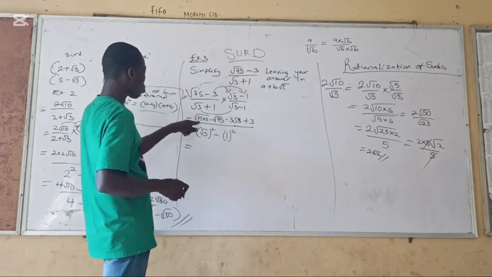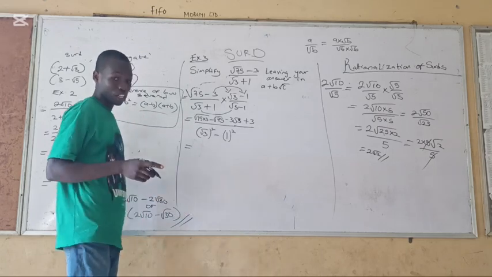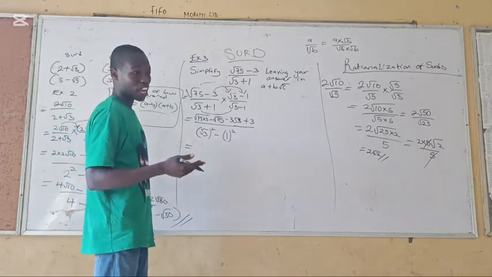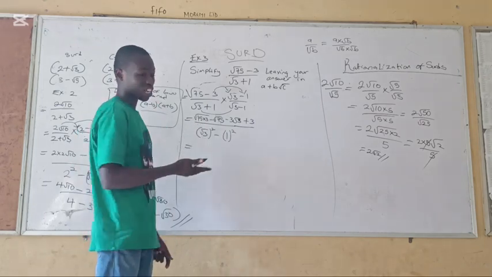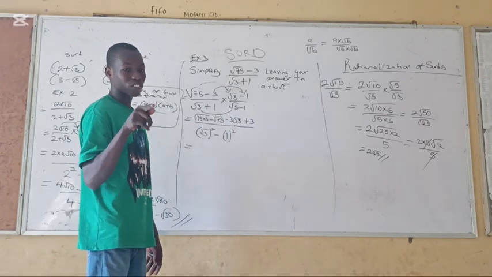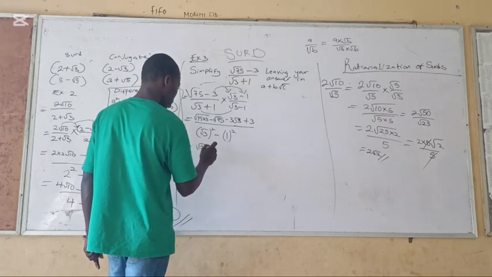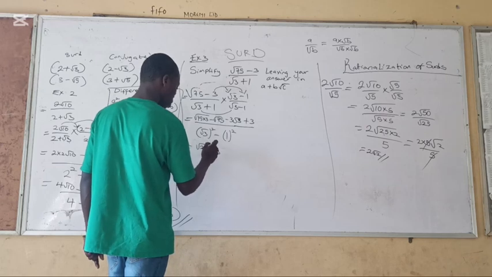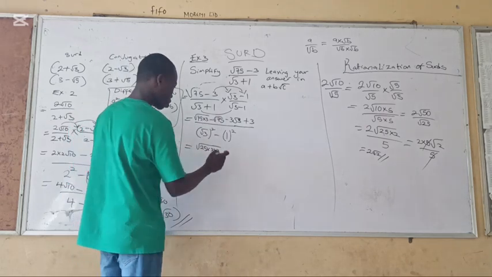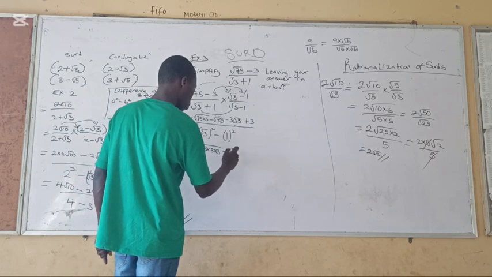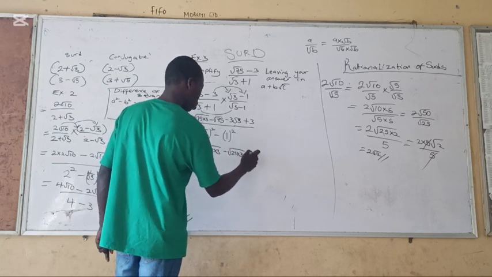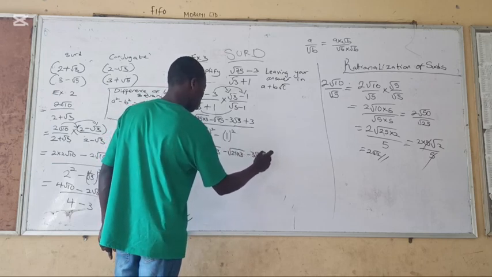Now, you can still simplify 75 further by saying 25 times 3, because 25 times 3 gives us 75, and 25 is a perfect square, right? So we can just say root of 25 times 3 times 3, because we have root 3 here already. Minus here we have root of 25 times 3. And here we have minus 3 root 3 plus 3.